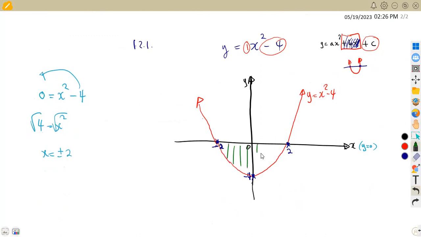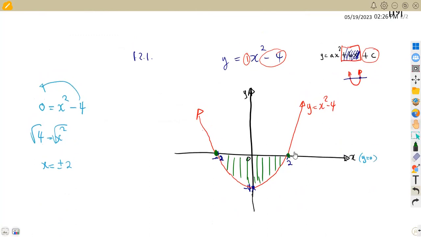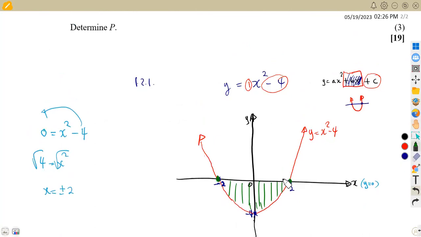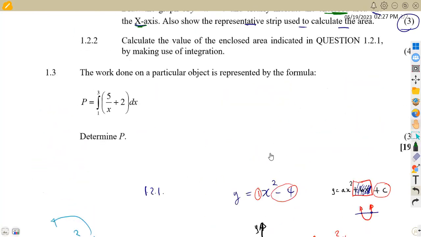So this is where we are going to have our area from x equals -2 up to x equals +2. So this is the region that you're going to use to calculate your area. We can even present this as dx, that is a strip with respect to x. Then we just write dx, okay? That is with respect to x.